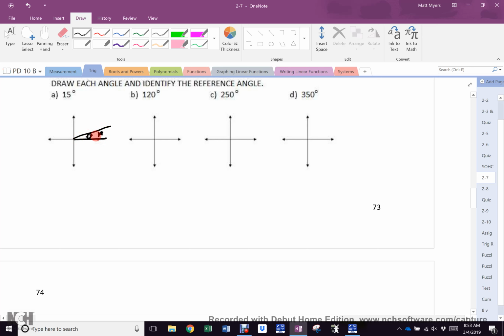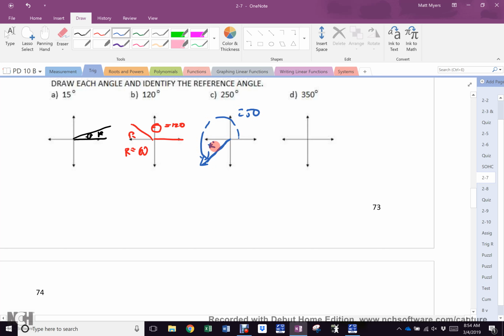R and theta in the same spot. What does R equal? 60. 250.